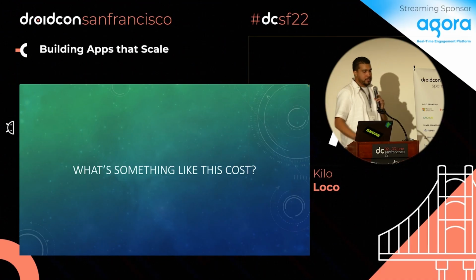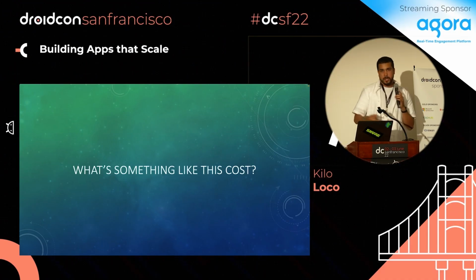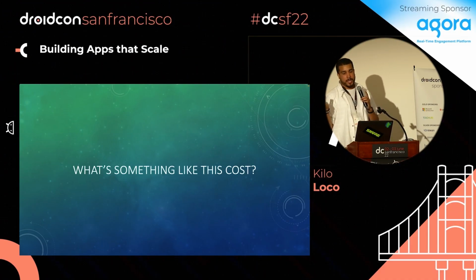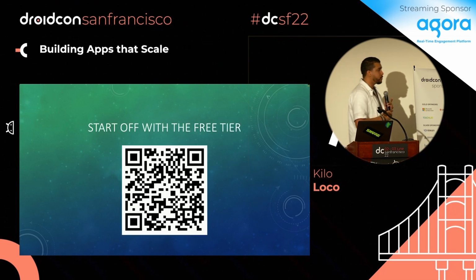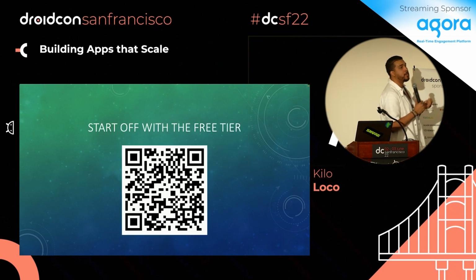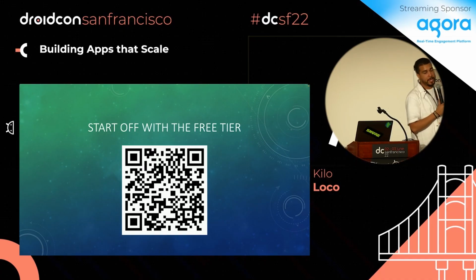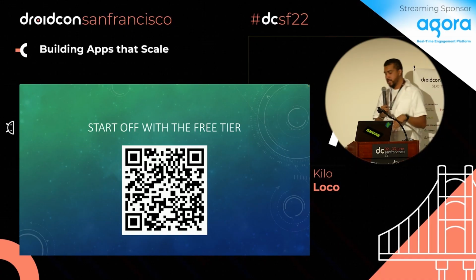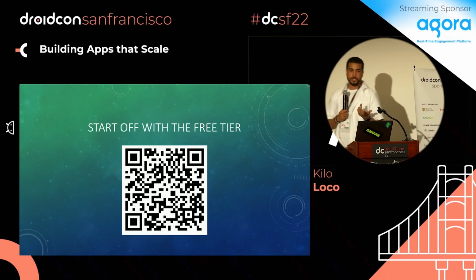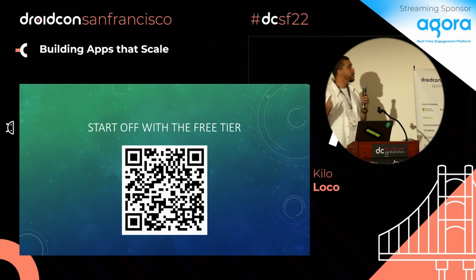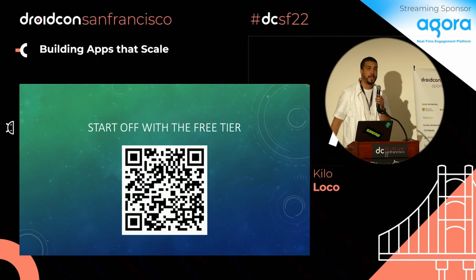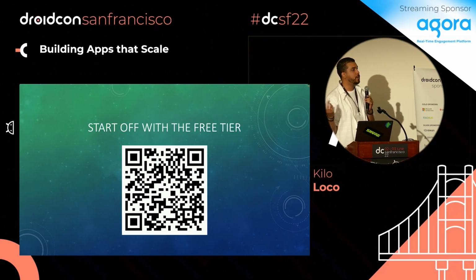So, of course, what does something like this cost? Well, with AWS, you have access to a free tier. If you've never made an account, you can go ahead and grab this QR code. It will take you over to the AWS free tier system. You sign up, you get an account. You can use AWS Amplify for a whole year. Check it out.